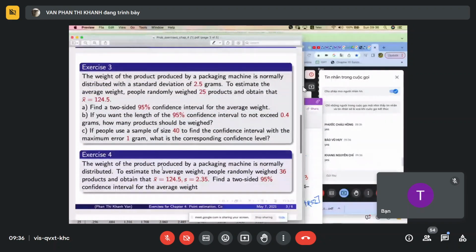Problem 3 and 4. Can you tell me which case do we have for question 3? Problem 3, which case?